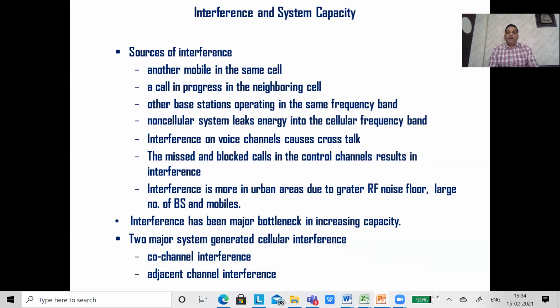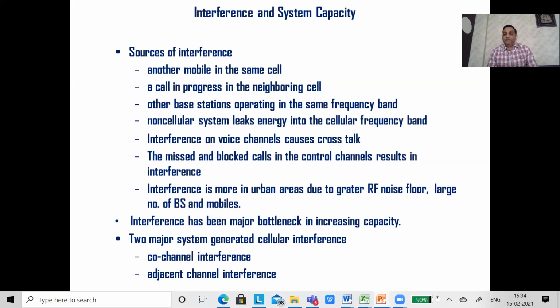Now let's have a look at interference and system capacity. There are different sources of interference that we will come across. Interference highly affects the performance of a cellular system.